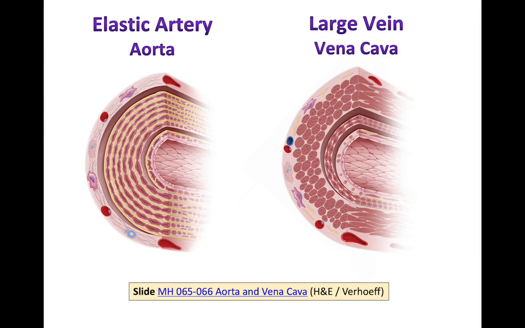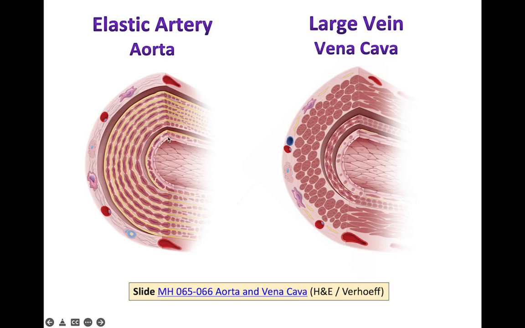So first, let us see the largest blood vessels, the largest artery, which is aorta, and the largest vein, which is vena cava. So aorta is an example of elastic artery, and vena cava is an example of large vein. So when we see the wall of the aorta, it has a round, well-defined lumen.